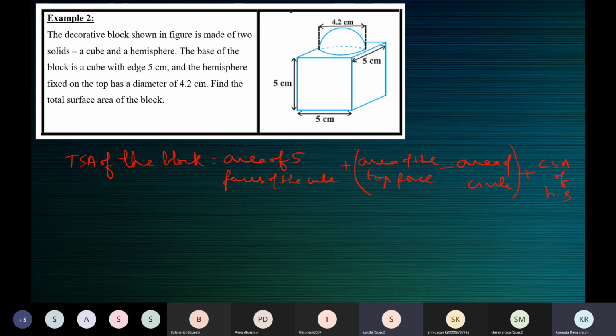So this is 5a square plus a square minus pi r square plus 2 pi r square. So this is 6a square plus pi r square.